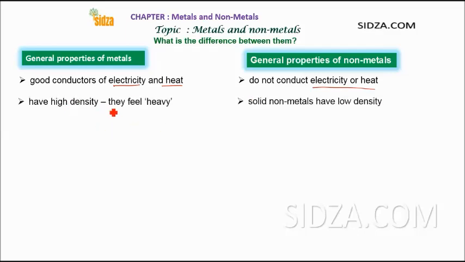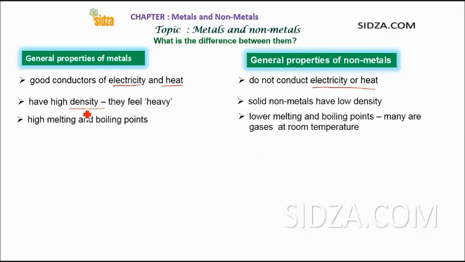Metals have high density. So when you take any of these metals in your hand, you will feel a heaviness due to the high density. Whereas non-metals, you will feel as much lighter substances, because the density is not very high. And metals have very high melting points and high boiling points.